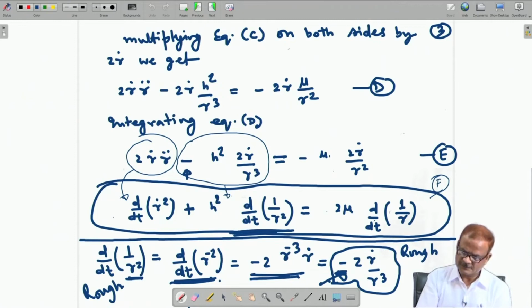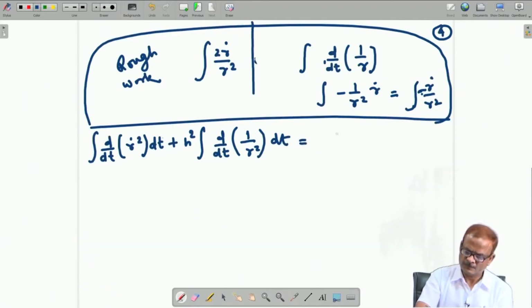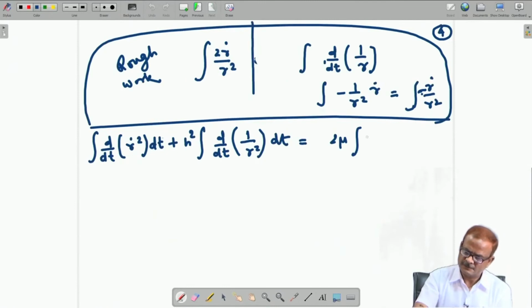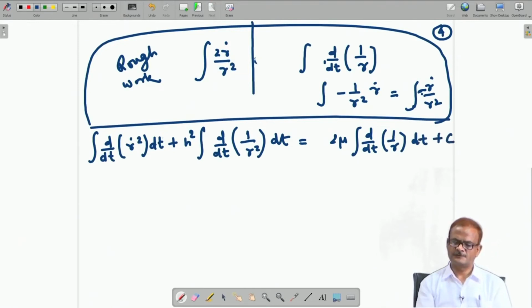So, this quantity we are integrating, then this is 2 mu integration sign d by dt 1 by r dt, and then the constant will be introduced. So, this is the way of doing it.